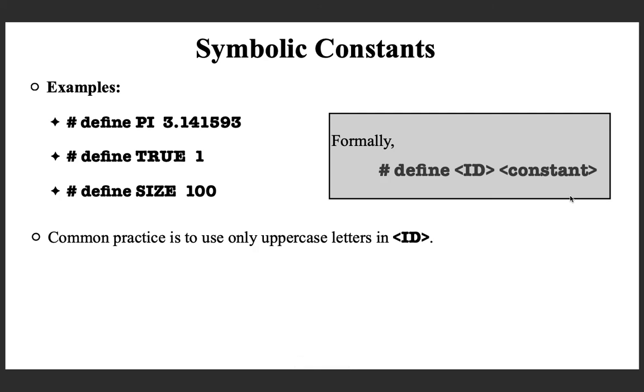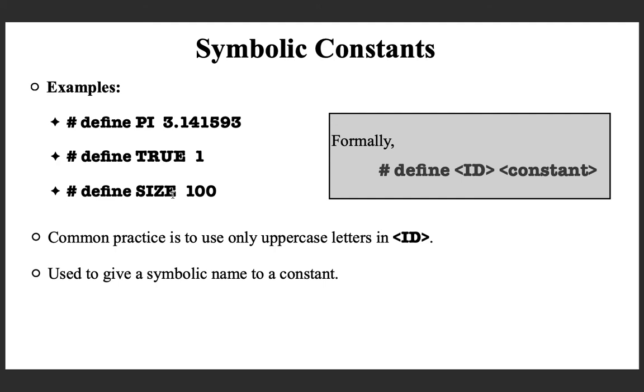A common practice is to use only uppercase letters for the ID. Why? Because variables may be using lowercase letters. If you follow the convention that you use only uppercase letters for constants, then whenever you look at SIZE as a token in your program, you can easily identify that this is a constant. If you want to see what the value is, just go to the #define statement and you can see what it is.